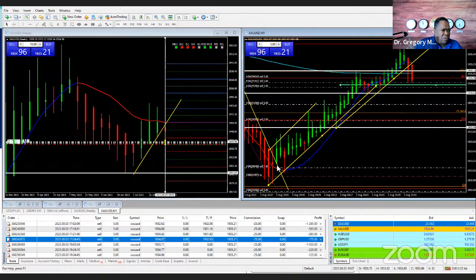And all the people that were long, they're taking profit. They're like, hey, man, I got my money. Greg held this thing through. Okay, great. But we took our money. But there's some people who think that this is a reversal, thinking that gold is going to go to 2,000. They're going to be hodlers.